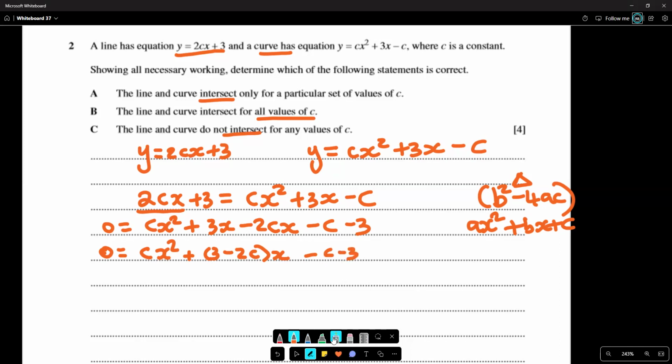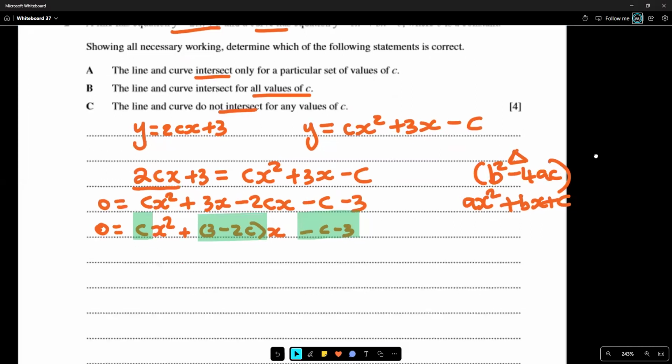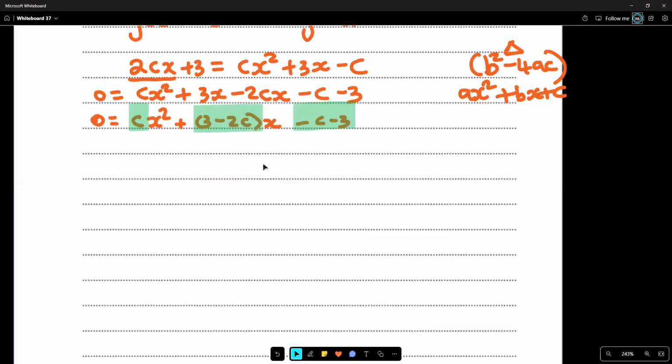Now, ladies and gentlemen, I'm sure we can all see that this will be our a, this will be our b, and this will be our c. All right, now we can substitute into the discriminant to see which option it satisfies.